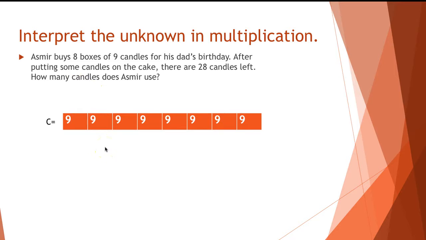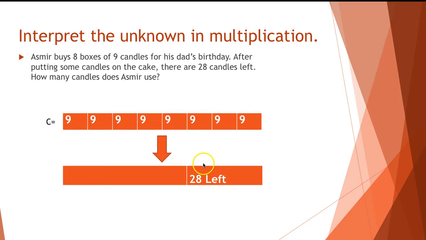What else do we know, boys and girls? Well, we know that after putting some candles on the cake, there are 28 candles left. So we know that there's 28 candles left. And what are we trying to figure out? How many candles does Asmir use?